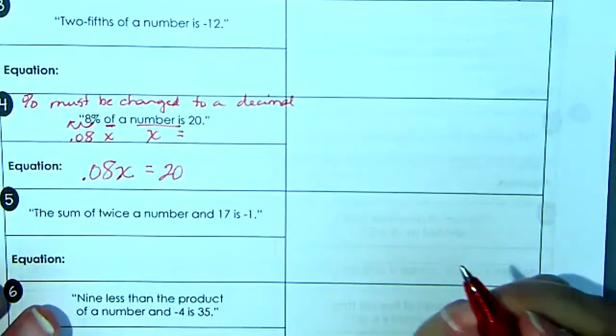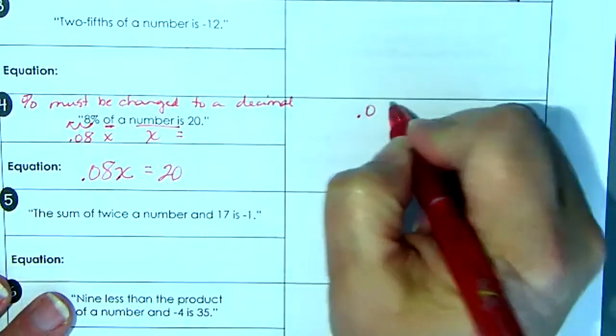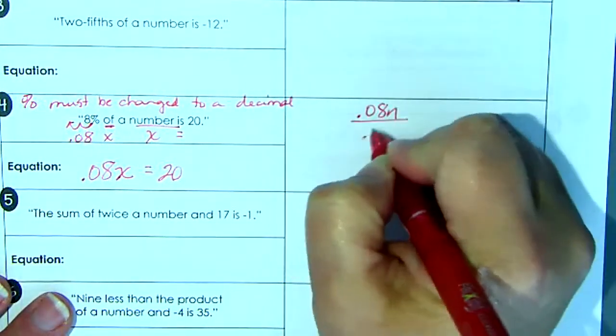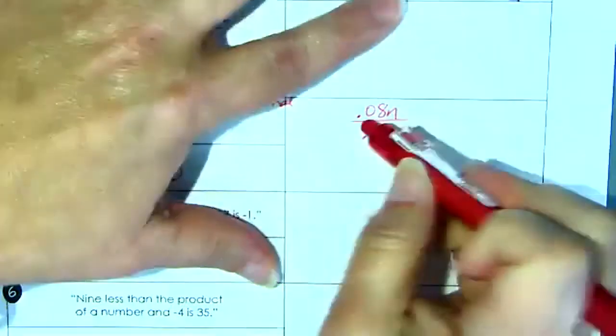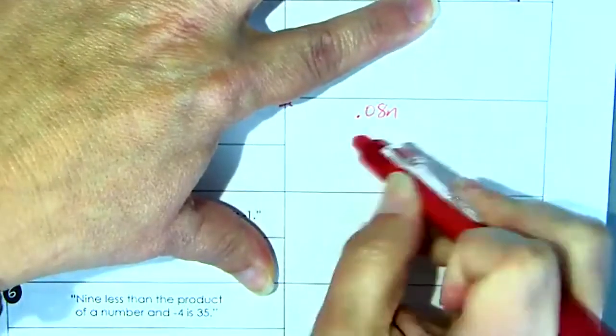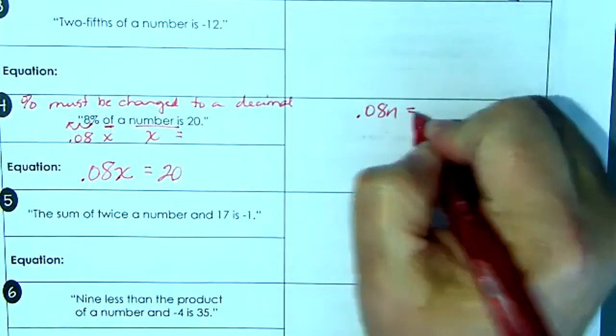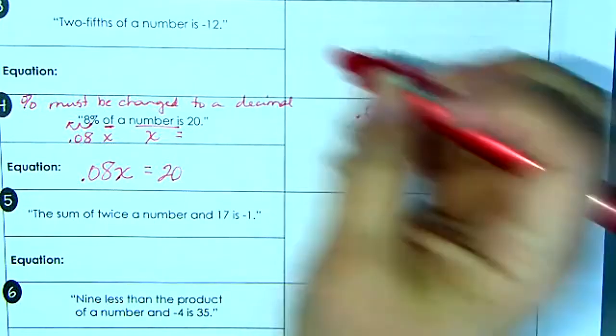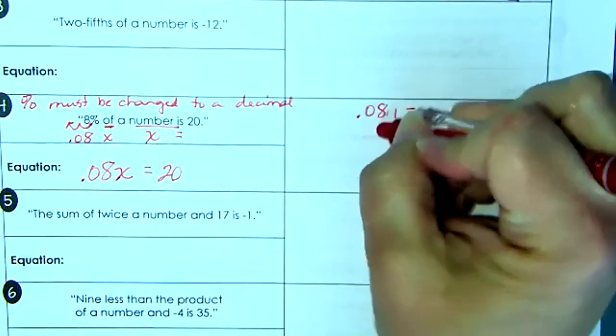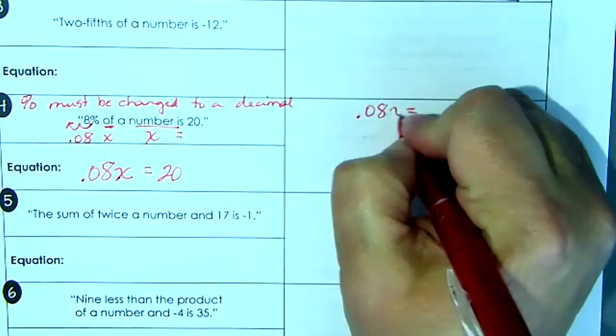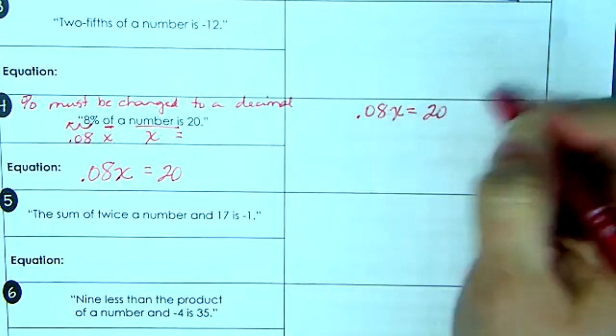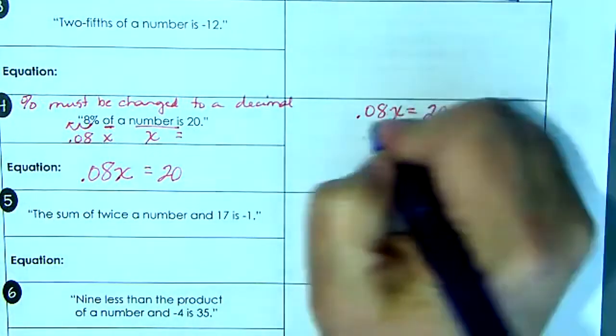And there's my equation. So now we solve. 0.08 x equals 20. I'm not using n, I'm using x for this.